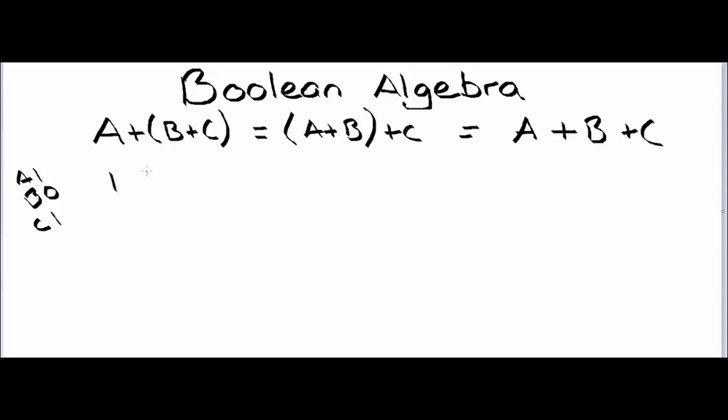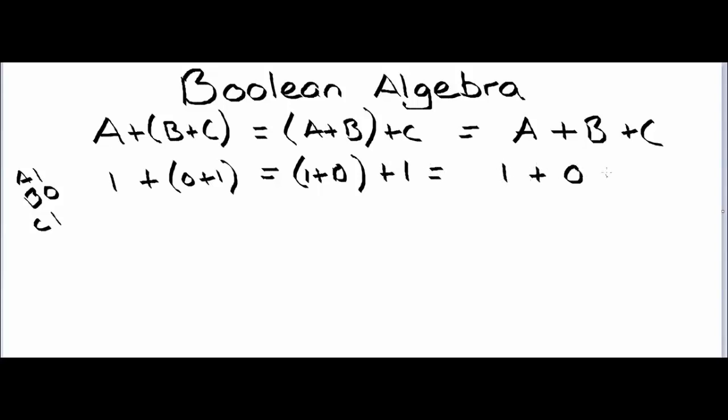So we can say 1 plus 0 plus 1 is equal to 1 plus 0 plus 1, which is equal to 1 plus 0 plus 1.